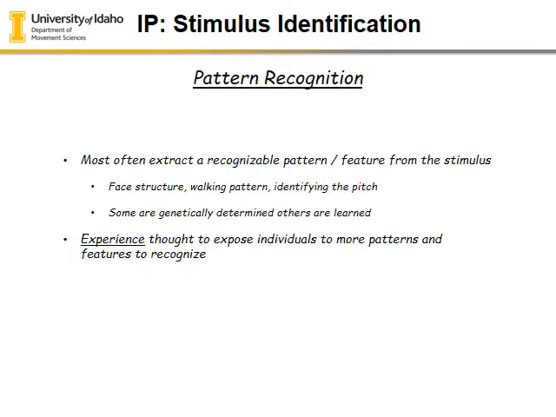Going forward to pattern recognition, most often we are able to extract recognizable patterns and features from stimuli that we feel are very important or that we're familiar with, right? Somebody's face structure, there's a lot of pattern recognition in face structure. Walking patterns too, and I talk to people about this all the time in this class and motor behavior and other classes I teach.